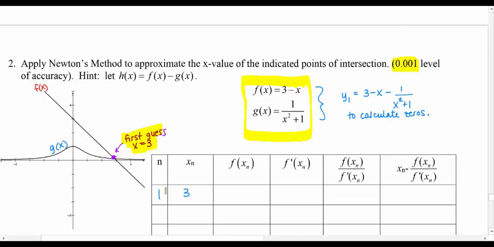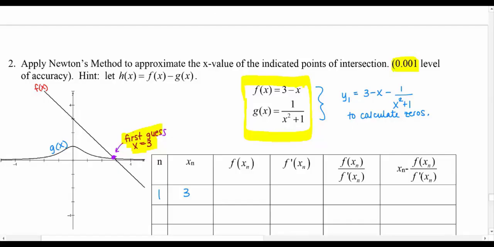But in our y equals, we want to be working with only one function, right? What is your function of x? What are your derivatives in terms of x? So I want to subtract these curves so that I'm looking for a 0. If we take, for example, f of x minus g of x, let me write this up here.